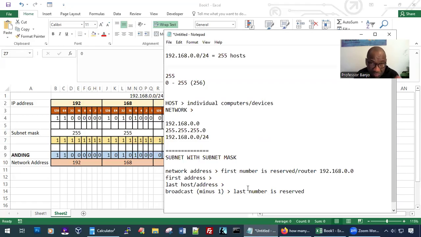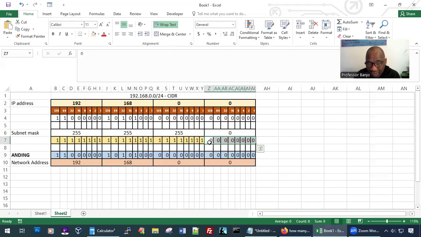If you're to do the math, if this is making some sense to you, the first address is 192.168.0.0. The last address, you have to change this portion here. We have a complete set of hosts here, which is 256. The first number is used up. The last number is going to be our broadcast address.